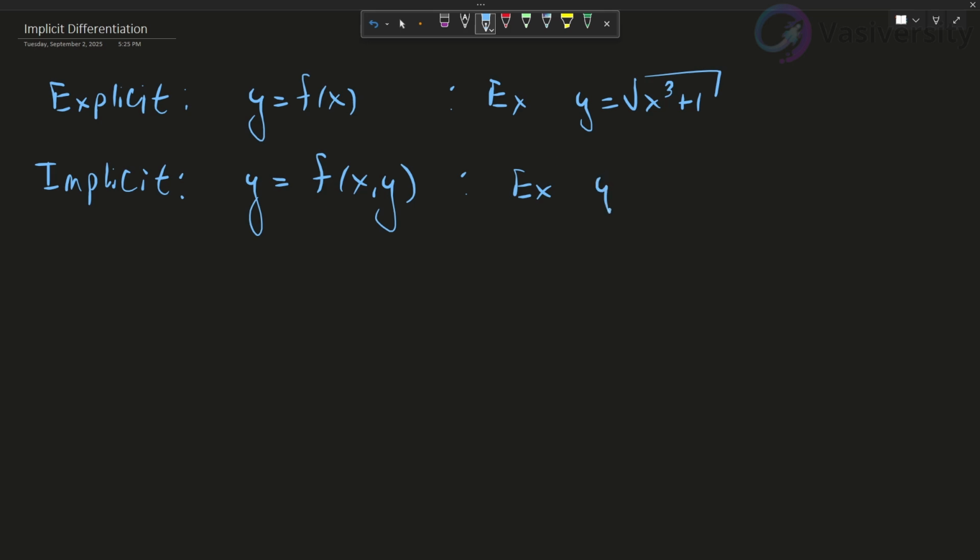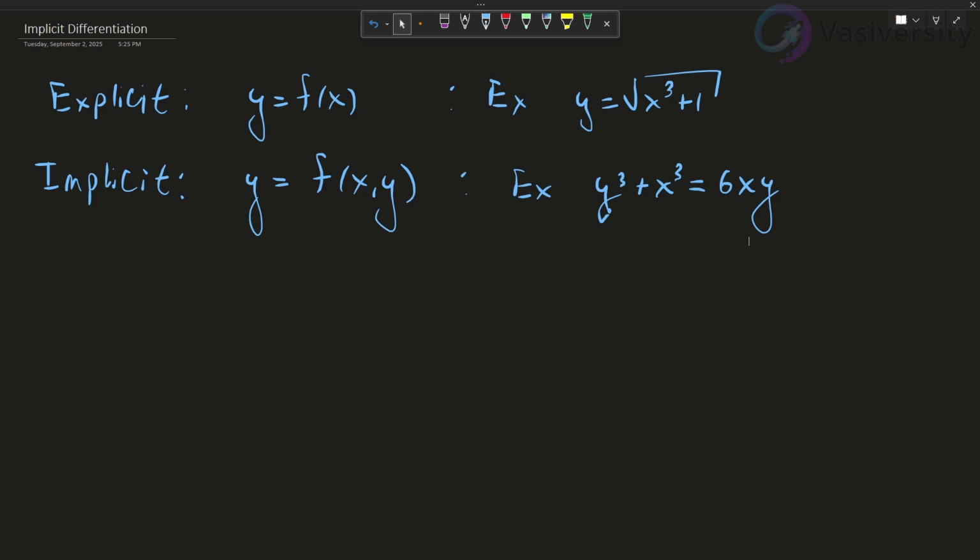And an implicit function would be something like y cubed plus x cubed is equal to 6xy. Sometimes we cannot solve directly for y and express it in terms of x because it's too nonlinear. So that's when we go to implicit differentiation.